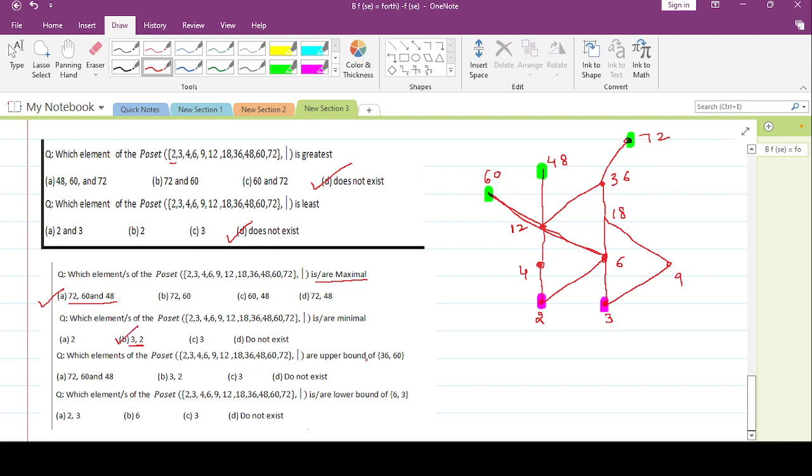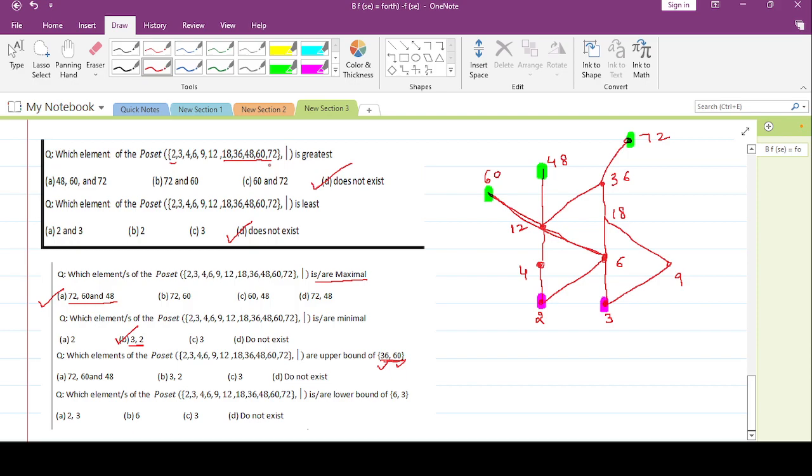Now upper bounds. The upper bound of 36 and 60. Upper bound means you find those elements in this set which are divisible by both 36 and 60. The element which is bigger than both 36 and 60 is only 72.